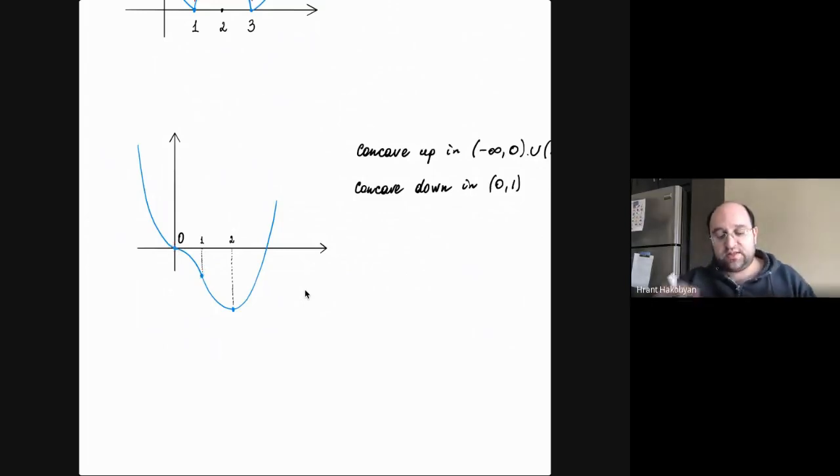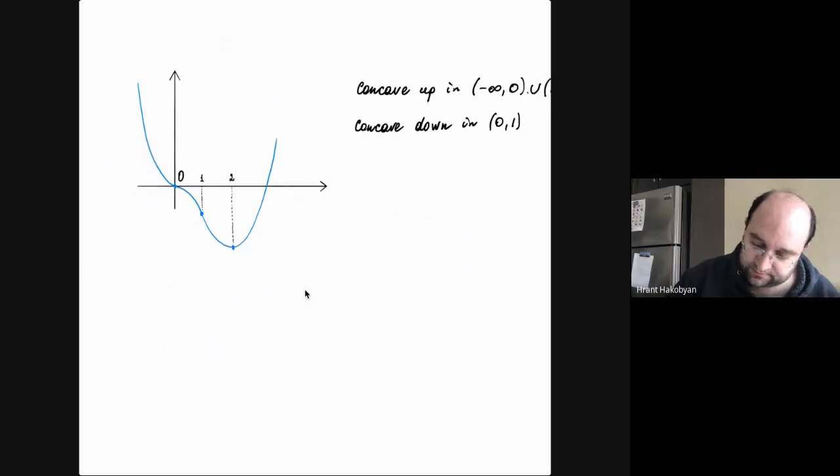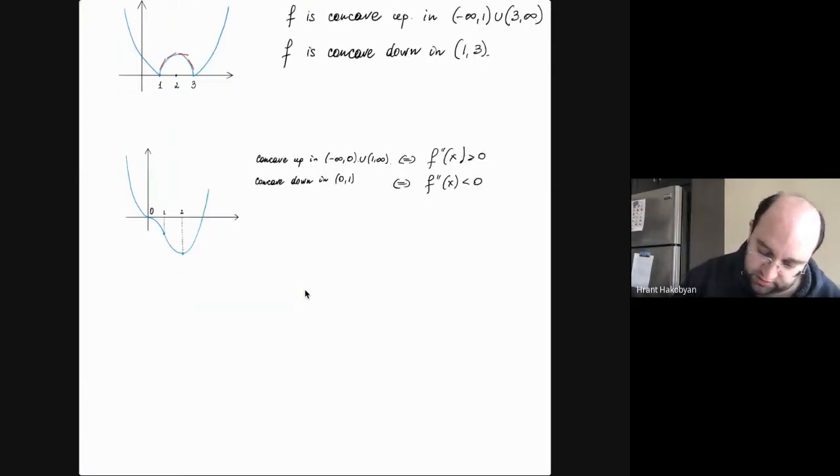That means the second derivative changes sign, right? And that's called an inflection point. An inflection point is a point where the function changes its concavity. So let me write it down here.